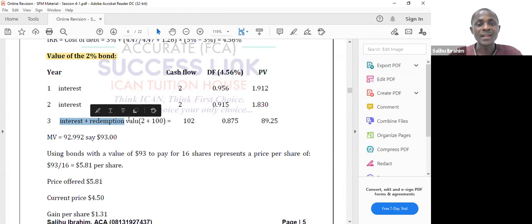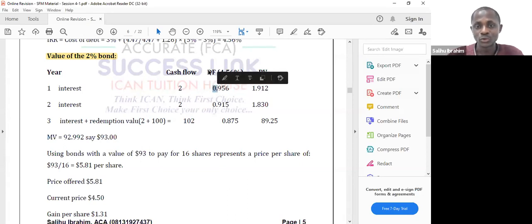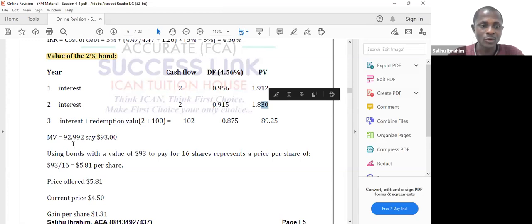Year 3, I will collect interest and redemption value. So that is what makes it 102. So when you discount using the cost of the bond, we have 1.912, 1.83, and 89.25. When you add these three together, you have 92.992, approximately $93.